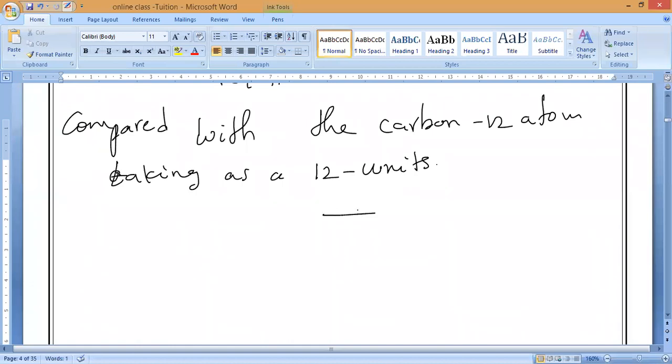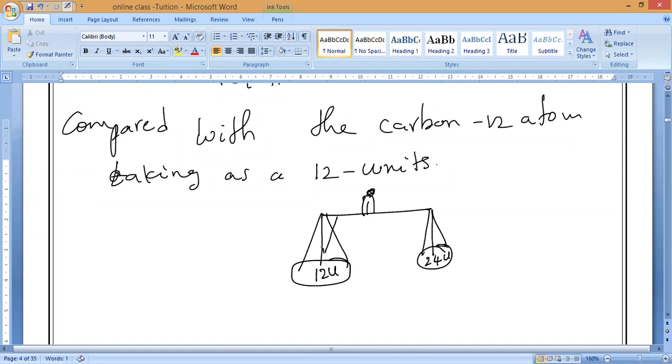Now, as I said, try to understand very carefully. On one side I kept carbon. Carbon equals how much? 12 units. Now this side I kept magnesium. Magnesium I am finding how many units? 24 units. So how many carbons do I have to add? 2 carbon 12 atoms.